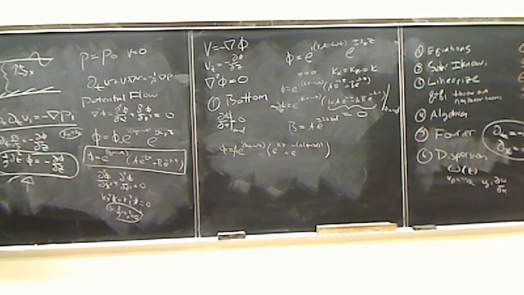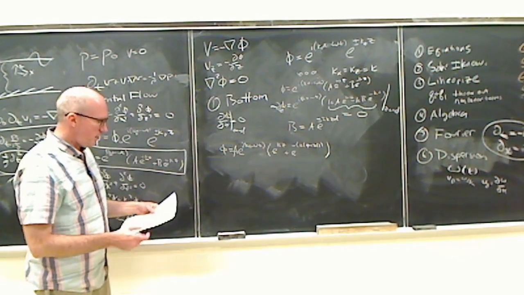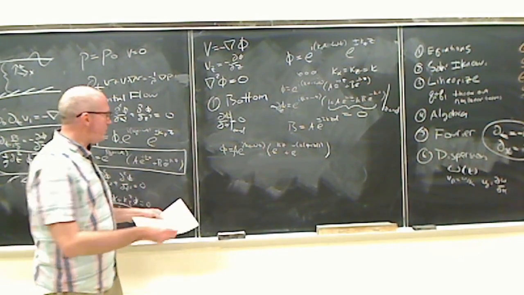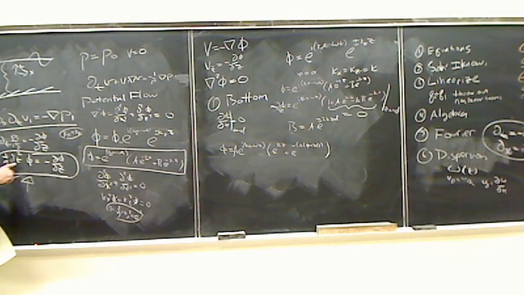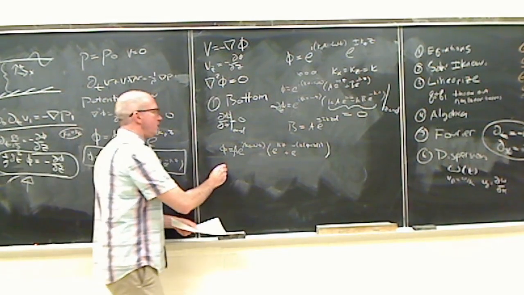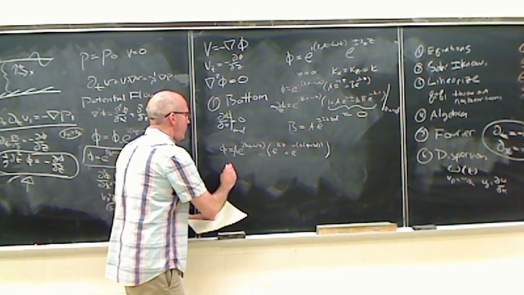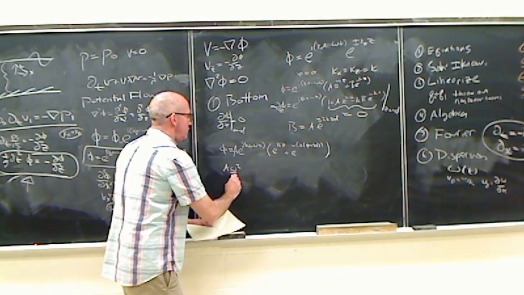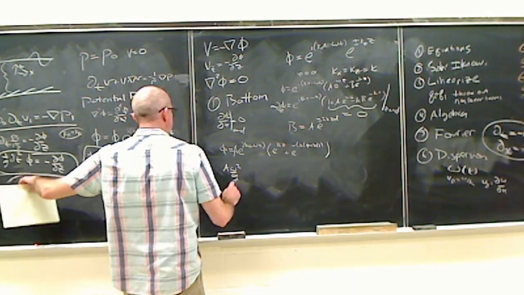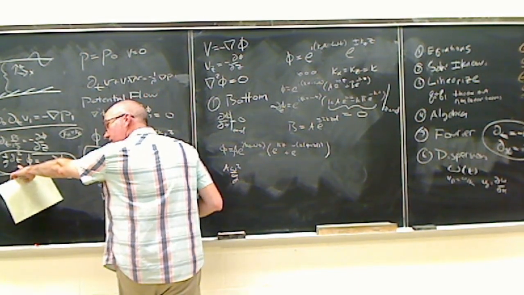So now I plug this into here. I haven't used my linearized equation yet, so we'll plug this into my linearized equation. The left-hand side is 1 over g times the second derivative of phi with respect to t. And so the left-hand side gives me a omega squared over g. The g comes from here, and the omega squared comes from my two derivatives.